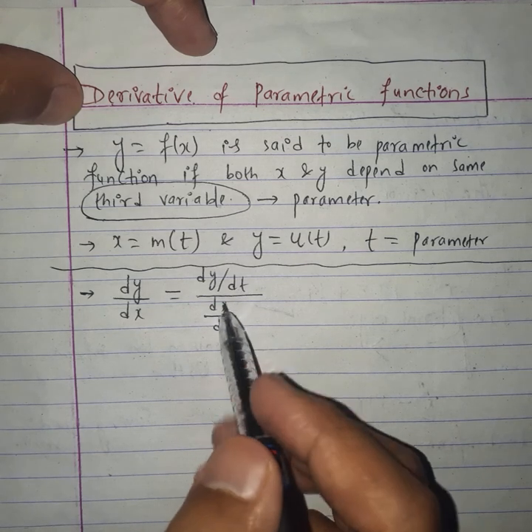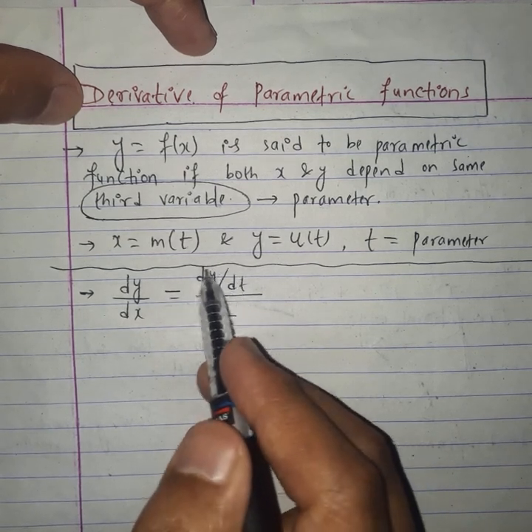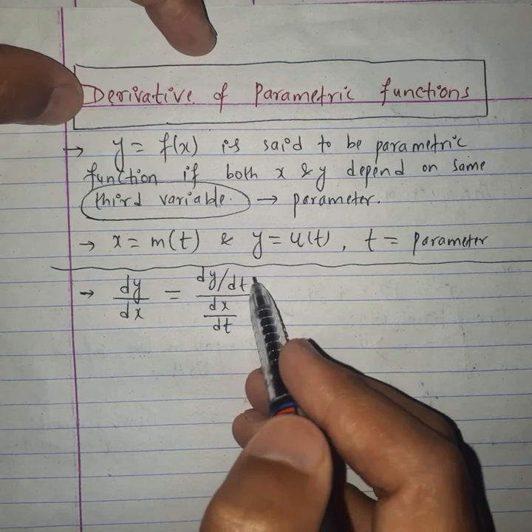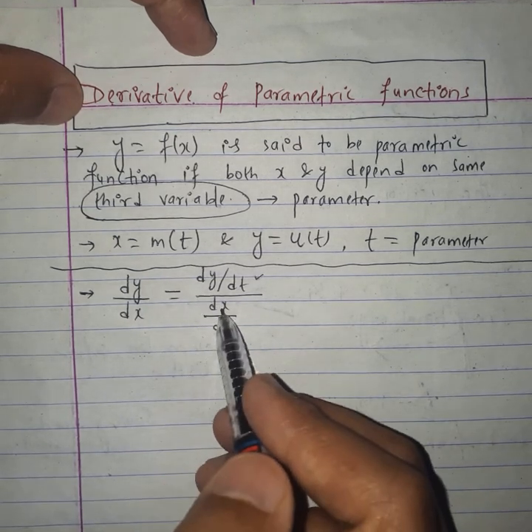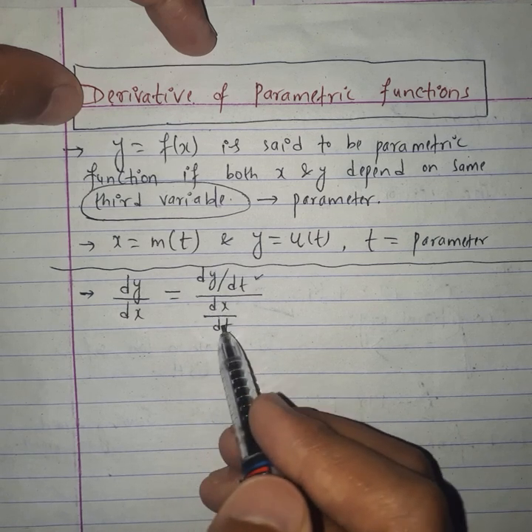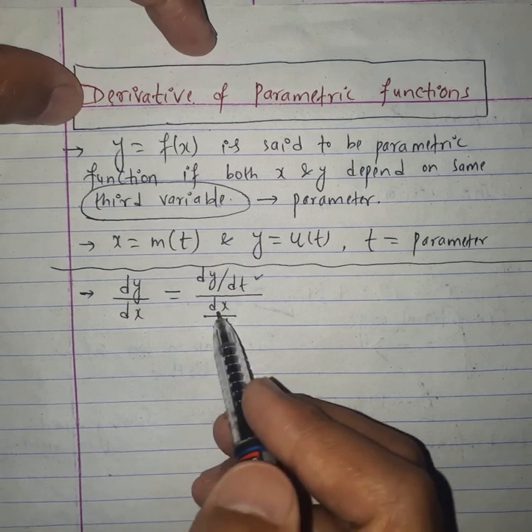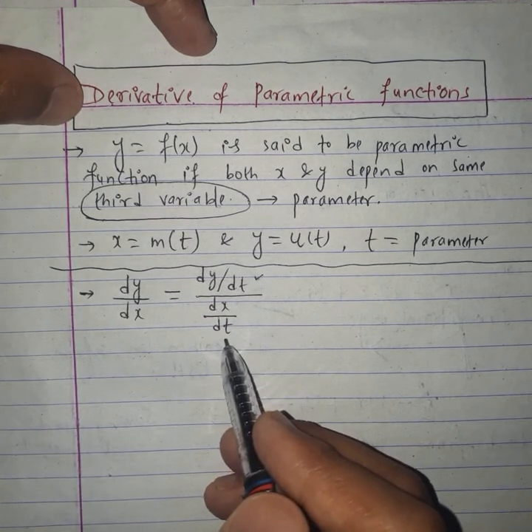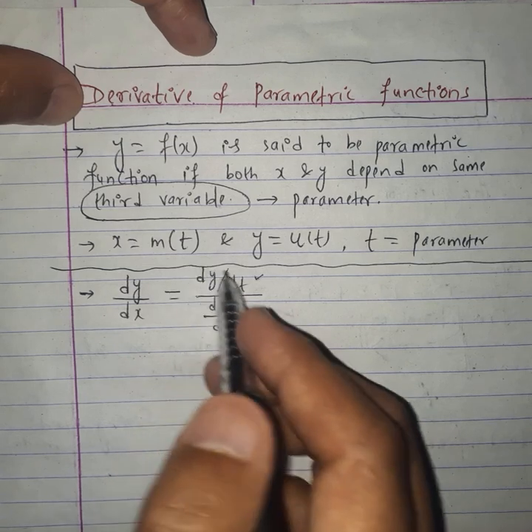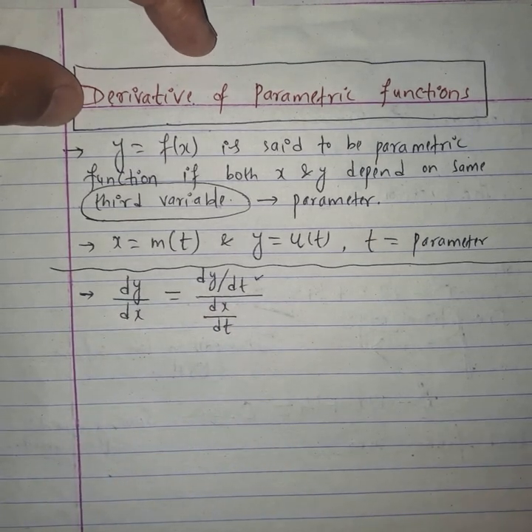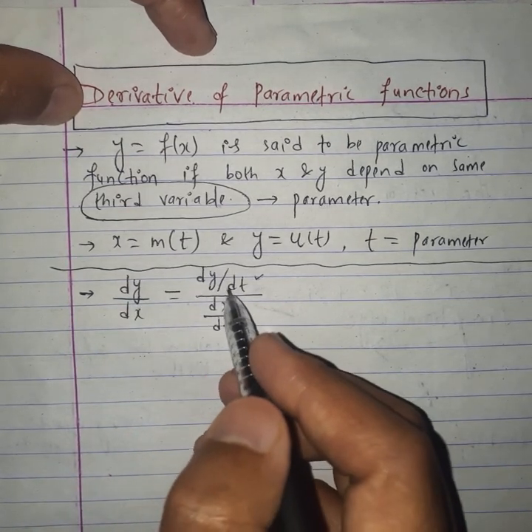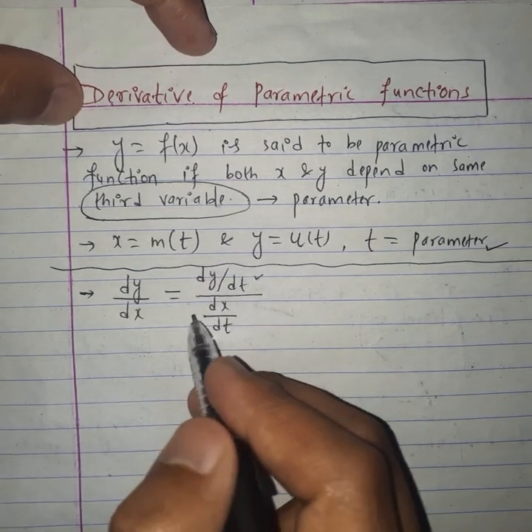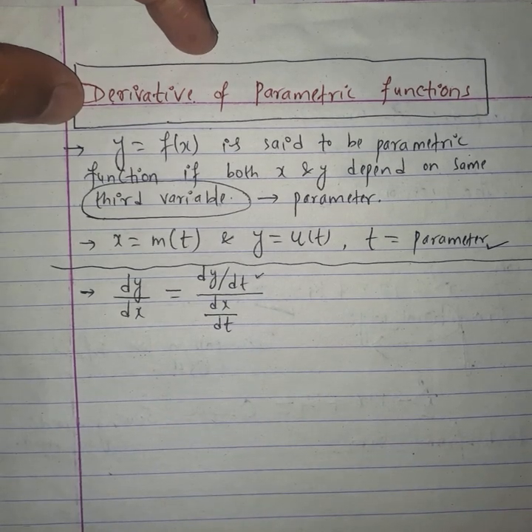dt. Here the result is dy over dt. This represents the derivative of the output function y with respect to t, and similarly it is divided by dx by dt. Dx by dt means the derivative of the input variable x with respect to the same third variable t. So dy by dx can be expressed in terms of the parameter as dy over dt all over dx over dt.